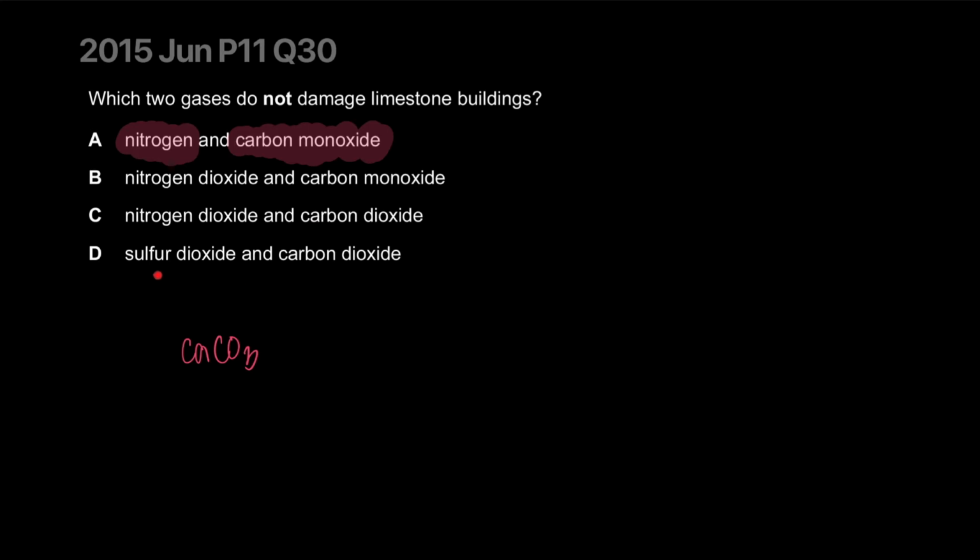Sulfur dioxide will also do it as well, right? So nitrogen dioxide and sulfur dioxide are atmospheric pollutants. The source for these are combustion engines, and sulfur dioxide comes from fossil fuels. So they're your two main air pollutants that we discussed that cause acid rain in our syllabus. And one of the main harmful effects of acid rain is that it causes damage to limestone buildings. Moving on, the correct answer is A.